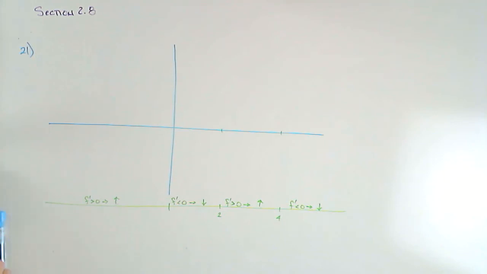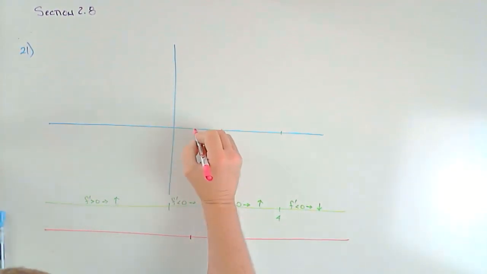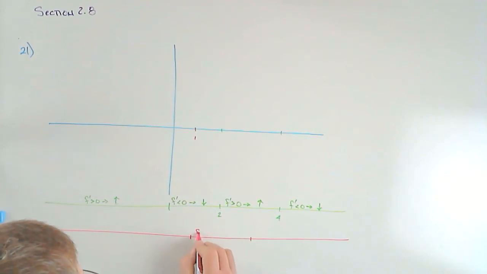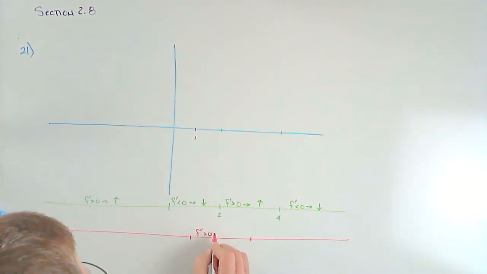Now we're going to draw another line, and that's going to tell us about concavity. See if we can read this correctly. It says f double prime is positive between 1 and 3. Here's 1, here's 3. Let me recheck. Yep, it does say f double prime greater than 0.